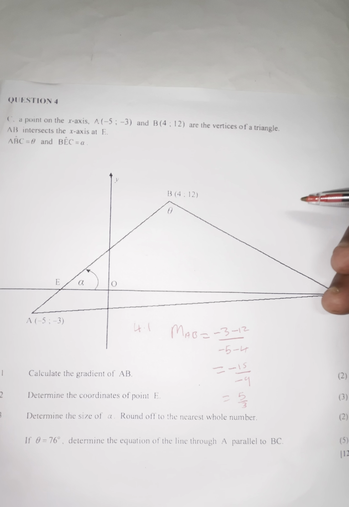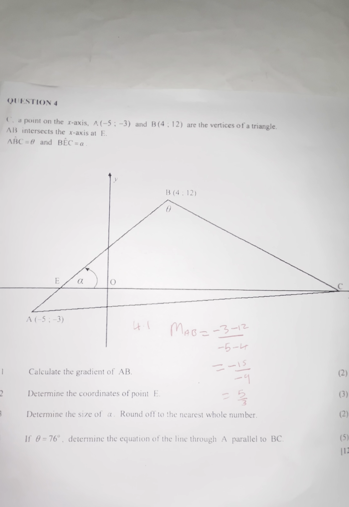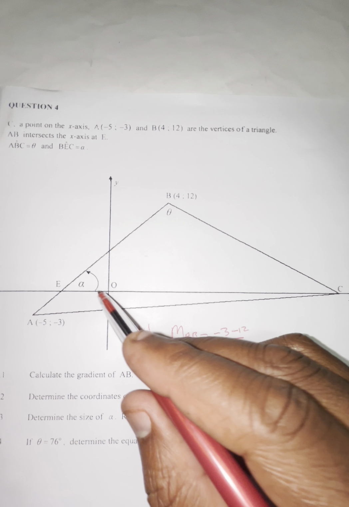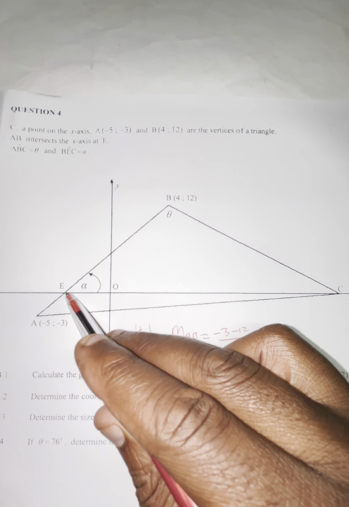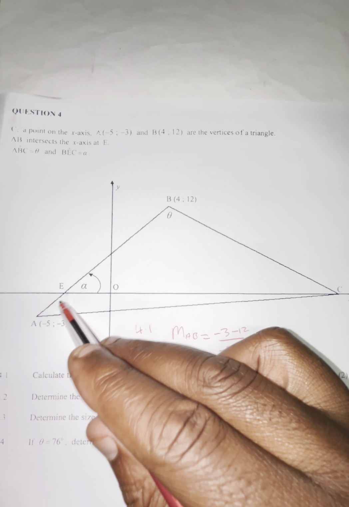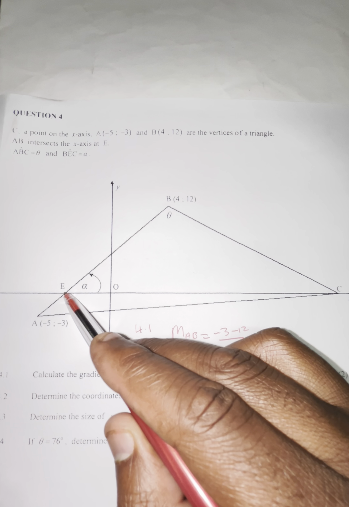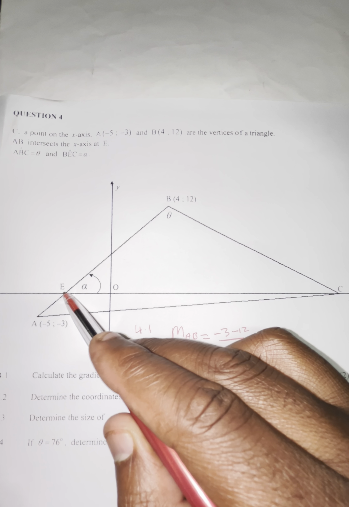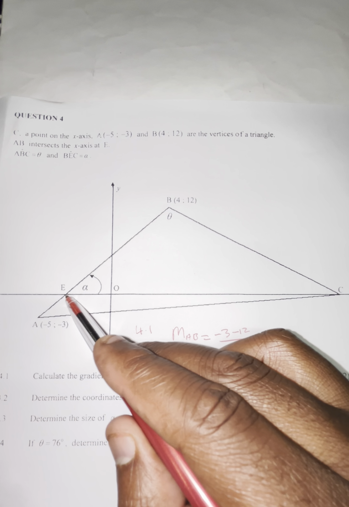And then now we need to determine the coordinates of point E. What is point E? It's along this horizontal line. So the line AB passes through this point here. This is the x-intercept actually, meaning that the y value here is 0.